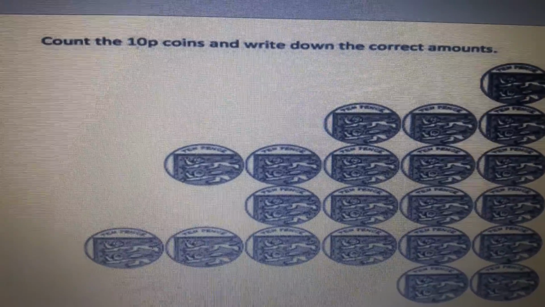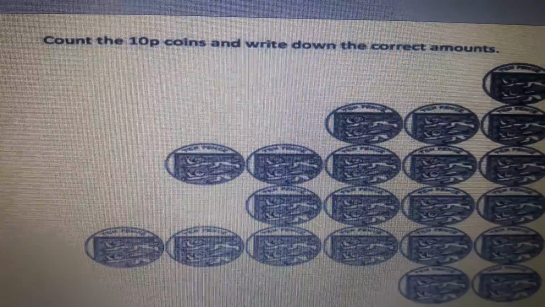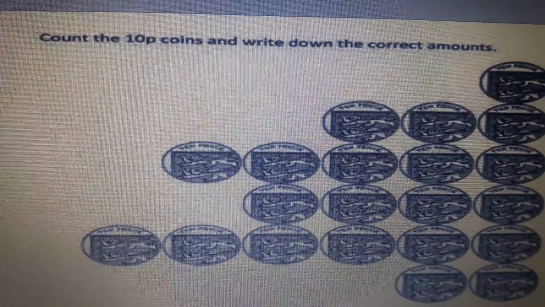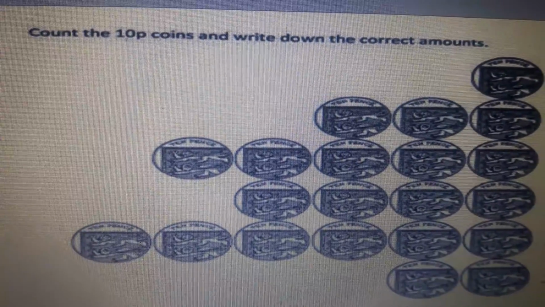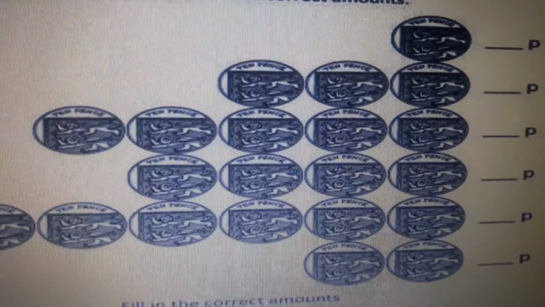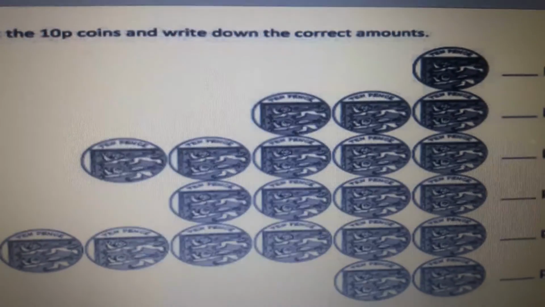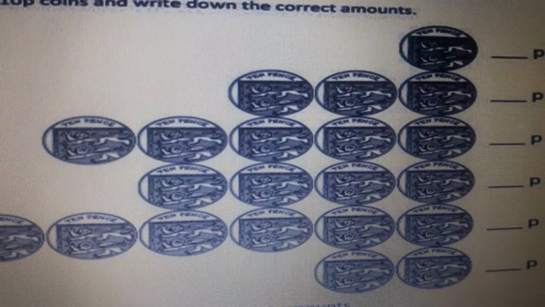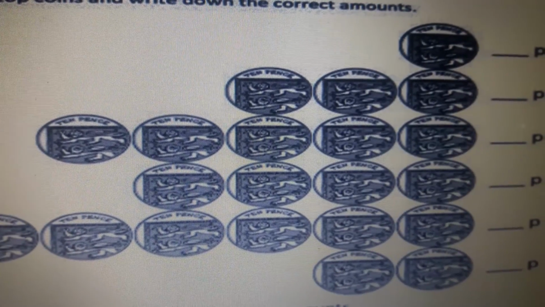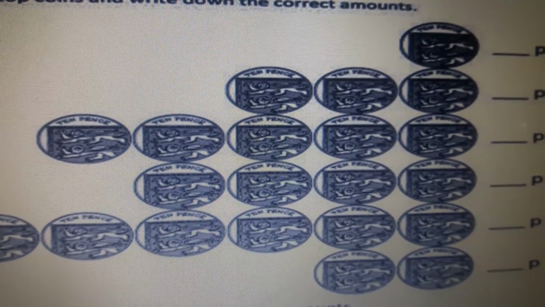Count the 10 penny coins and write down the correct amount. Okay, the first one, we have one coin which is 10 penny. That means it's equivalent to, yes, it's the dime, it's one dime.